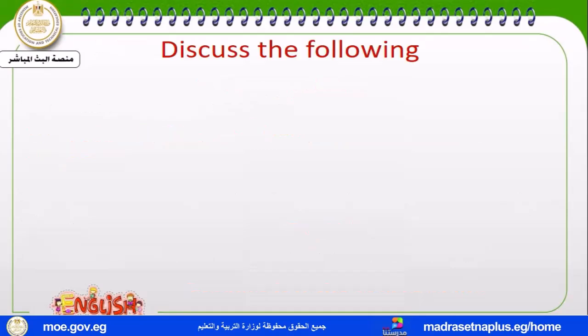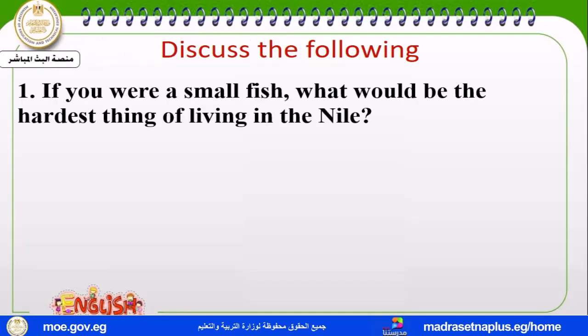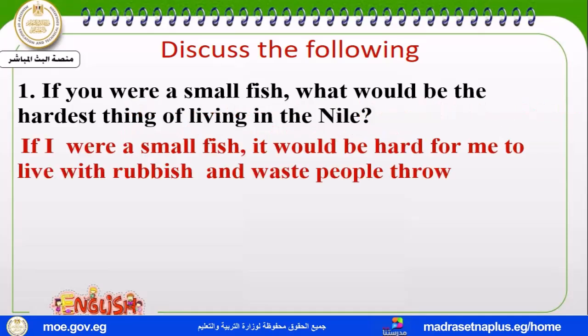Now, we have some other questions to discuss. These questions are, if you were a small fish, what would be the hardest thing about living in the Nile? Another question. If I were a small fish, it would be very hard for me to live with the rubbish and waste that people throw.